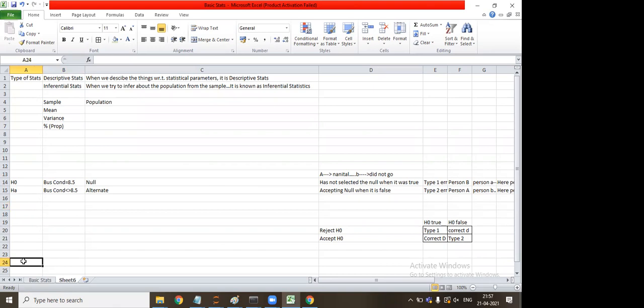Okay, sure. So the second concept is known as central limit theorem. What is central limit theorem? Let me take an example. I have a car, a Swift Desire.